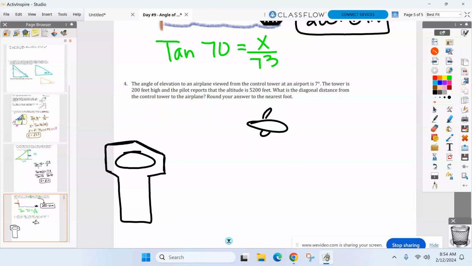So remember, it's looking up, right? From here to the line of sight. 7 degrees. And yes, some of you guys are already making your right triangle out of it, which is great.